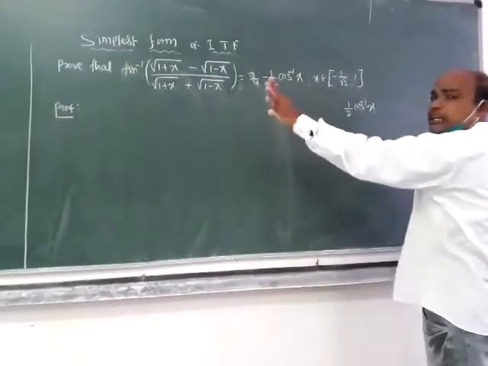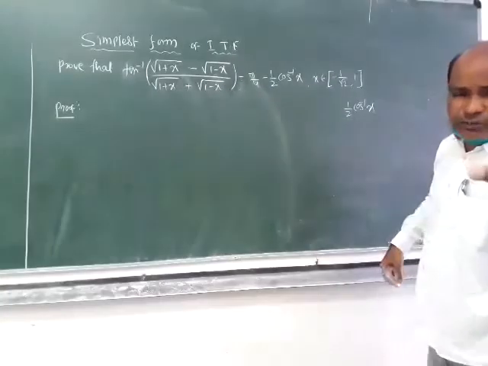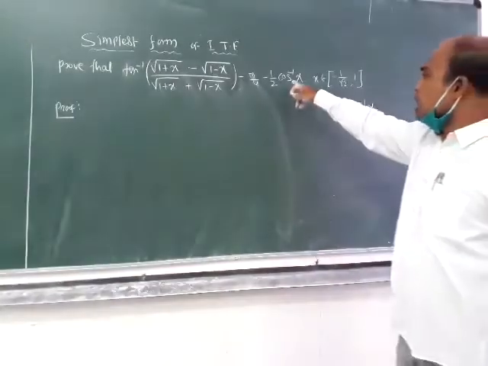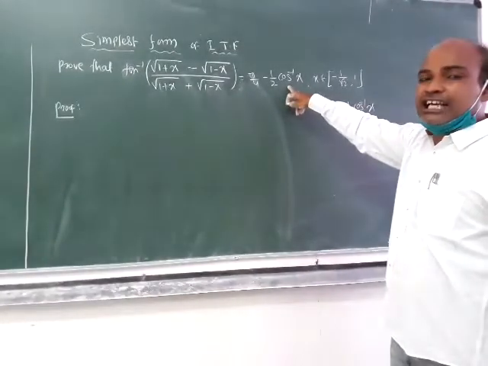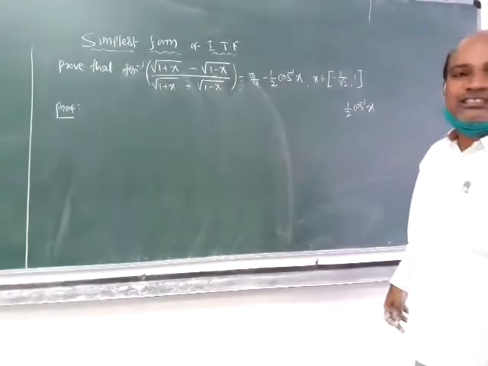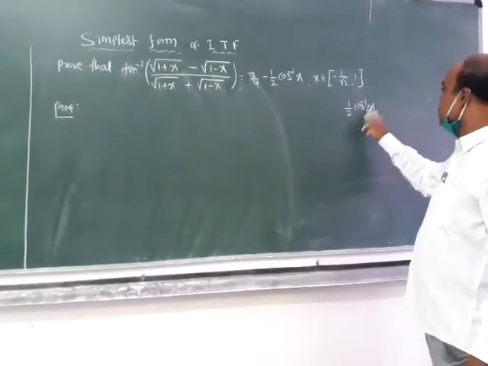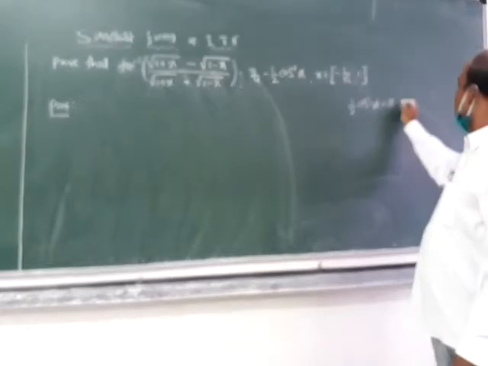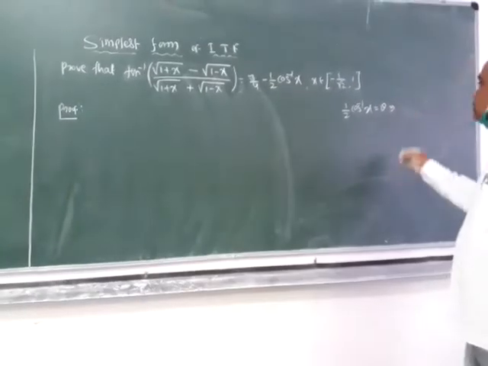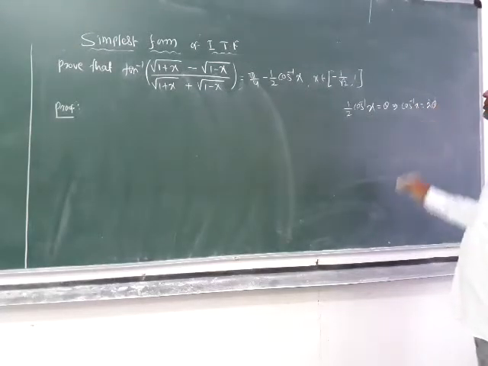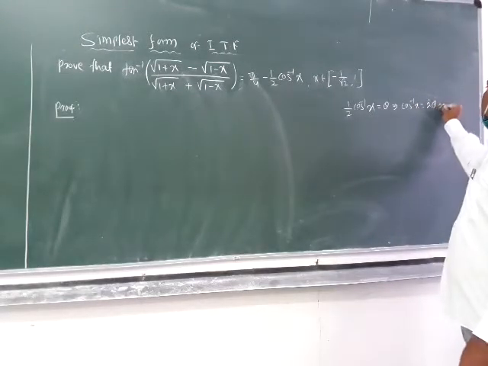Don't leave pi by 4. What to substitute in place of x, look at the RHS, you can understand. You go to the RHS, once you observe the RHS, then you can think what to substitute in place of x. Look, 1 by 2 cos inverse x is equal to theta. 2 multiply. 2 multiply means what do you get? Cos inverse x is equal to 2 theta. That implies x is equal to how much?